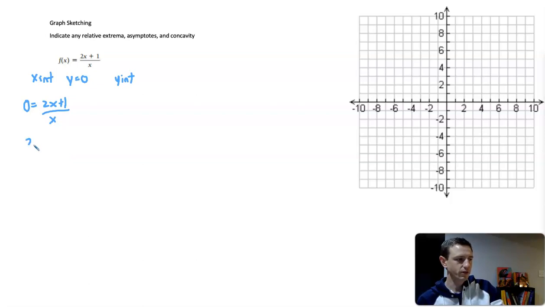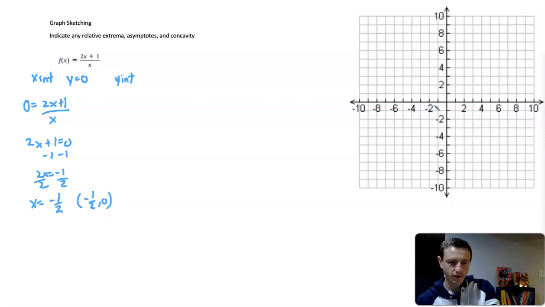So then that's going to give us 2x + 1 equal to 0. Subtract 1, divide by 2. So we get x equals negative 1/2. So (-1/2, 0) is going to be our x-intercept. So we can go ahead and throw that onto the graph.